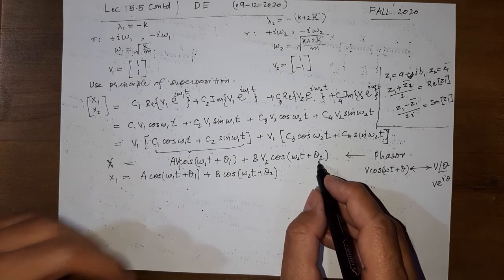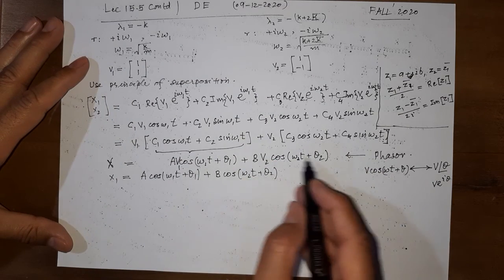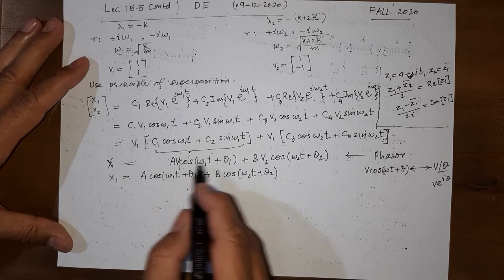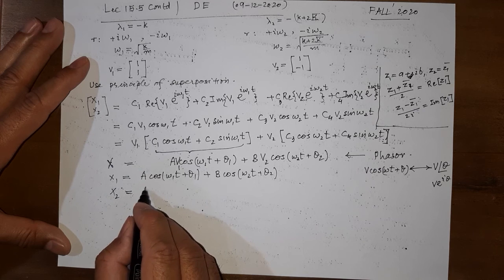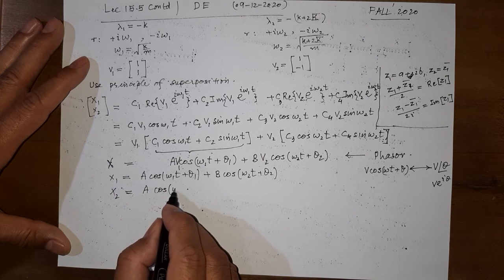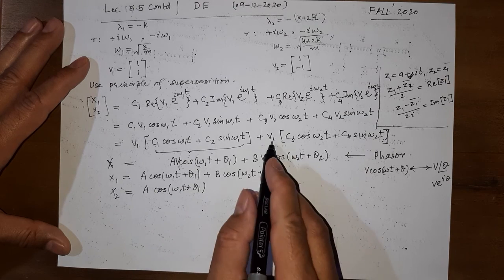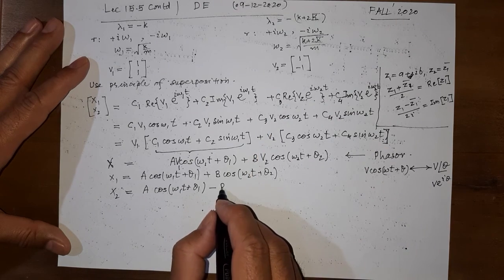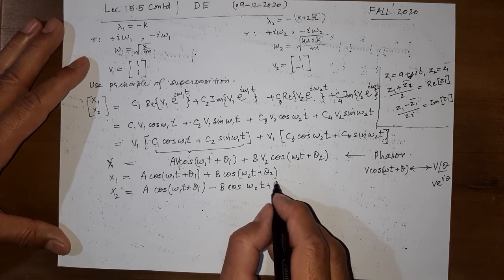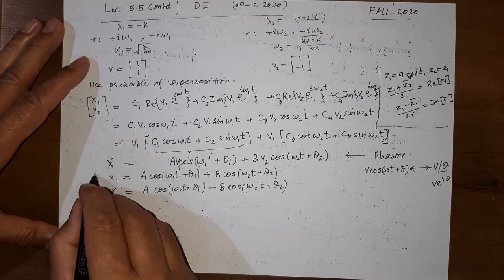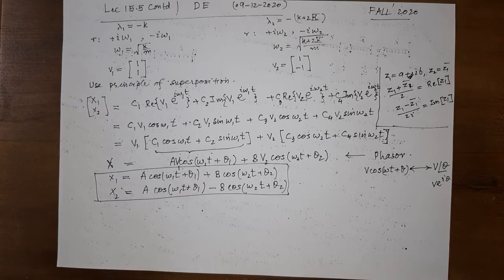And you can use the concept of phasor to solve for this theta 1 and theta 2 here, and this a and b. And x2 would be equal to a cos of omega 1t plus theta 1, and because v2 has this minus 1 here, minus b cos of omega 2t plus theta 2. So that would be the ultimate solution we are going to get, of this form.